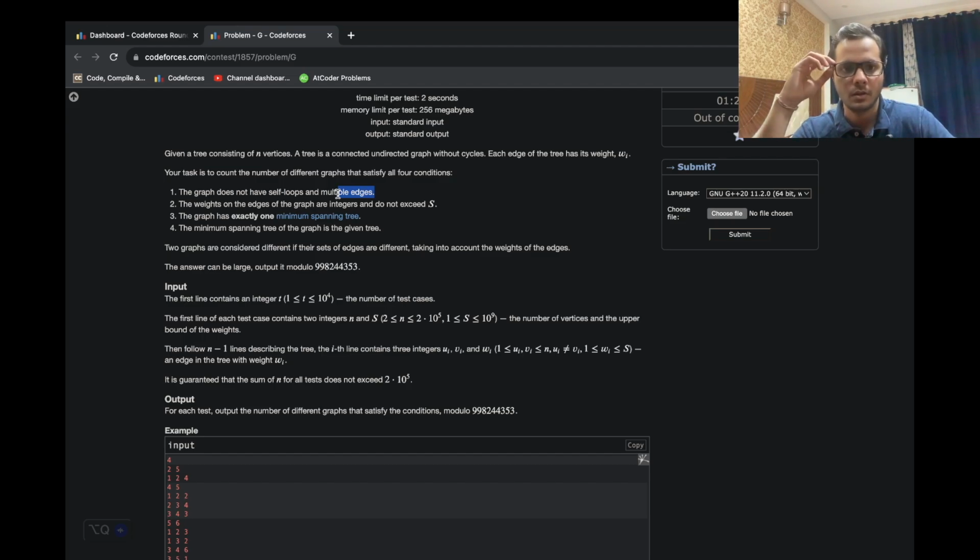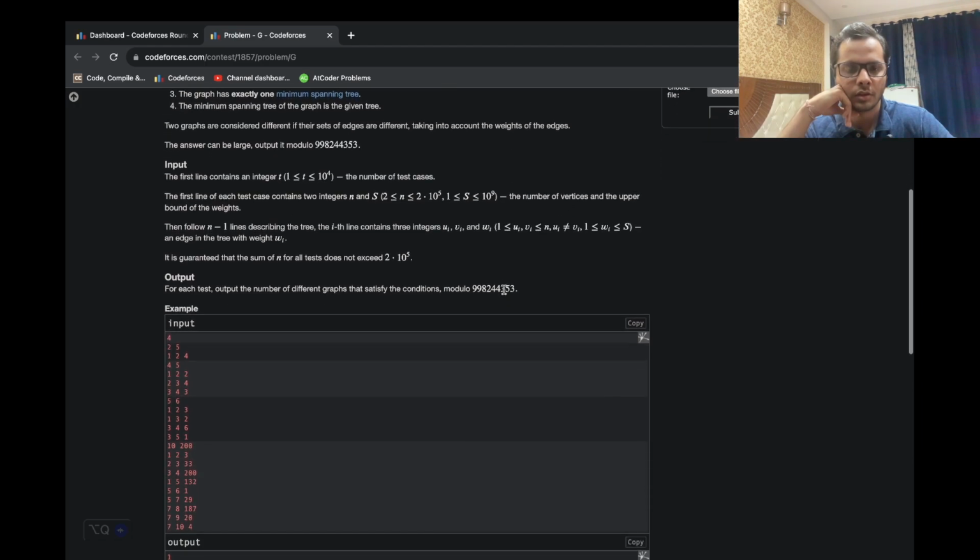Okay. Makes sense. Two graphs are considered different if their sets of edges are different, taking into account the weights. Okay.